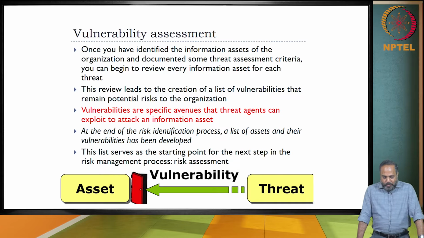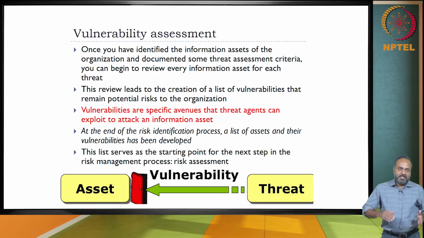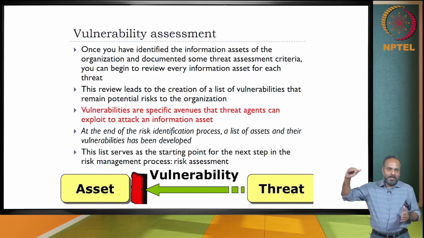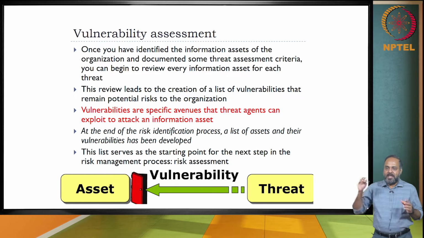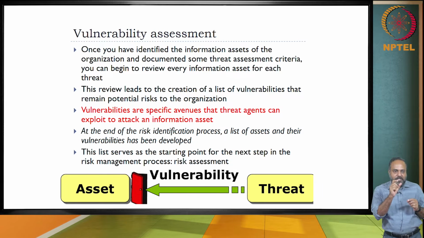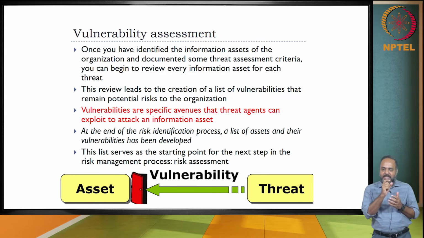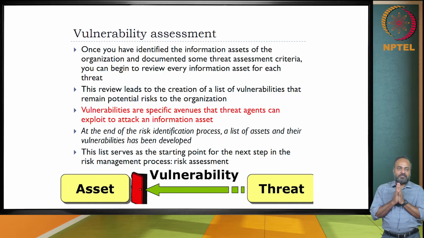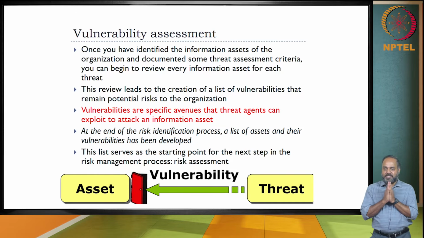So once you have assets and threats, okay, you can now imagine there is one axis of assets and another axis of threats. Okay. Threats and assets, and then there is a threat asset combination. For each threat and asset, there is a combination, and that is where you ask this question: what is the vulnerability as far as this threat and this asset is concerned?